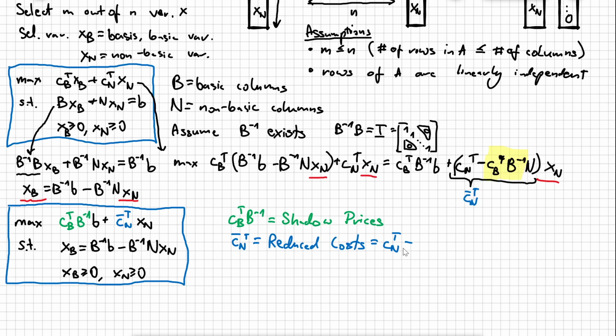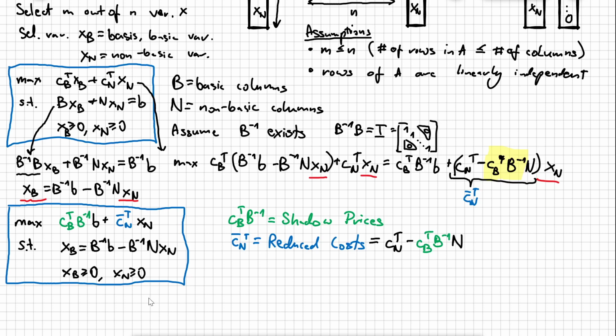So we can actually write this here: this is equal to the original cn transpose, minus, and now I'll use the green to emphasize, these are the shadow prices, cB transpose B minus 1 times N, right? So reduced costs are original costs reduced by some values related to shadow prices.